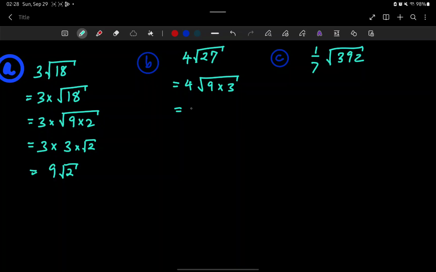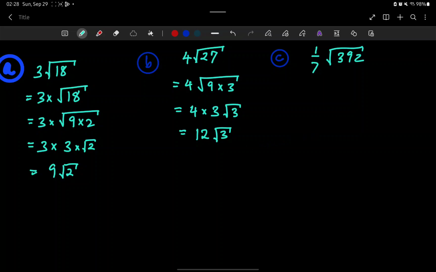This is the same thing as writing 4 times 3, because the square root of 9 is 3, and then the square root of 3 is not a whole number, so we put it there as an under root number. This is 4 times 3, which is 12, and then the under root 3 is attached there, and you're done. You simplified 4 times under root 27, and this is the answer.